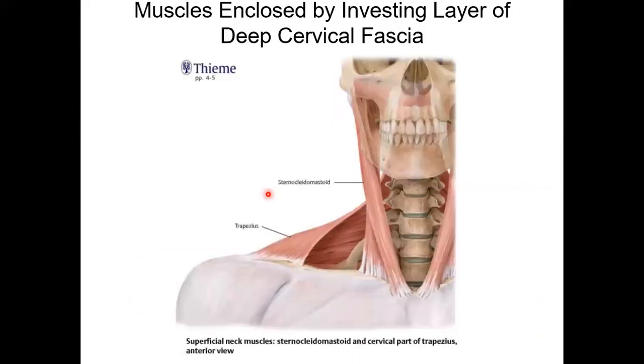All right, muscles enclosed by investing layer of deep cervical fascia. Okay, so again, with your sternocleidomastoid and your trapezius muscle, so you can see even better, sternocleidomastoid here coming down and inserting on your sternum and on the medial third of your clavicle, and then your trapezius muscle.